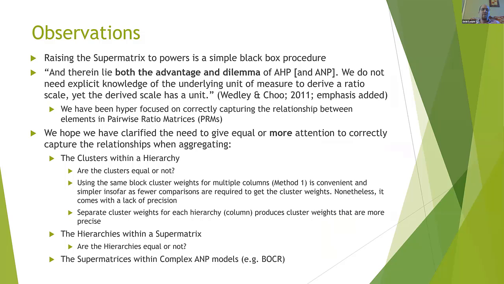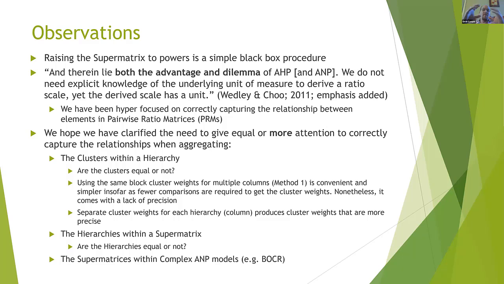Maybe we focus too much on just the pairwise ratio matrix, and this simple example shows why we need to pay attention to the clusters and how we weight the clusters in the hierarchy. Are they equal or not? If we block and use the same weight across multiple columns, it's convenient. It reduces the number of comparisons, but it comes with a lack of precision.